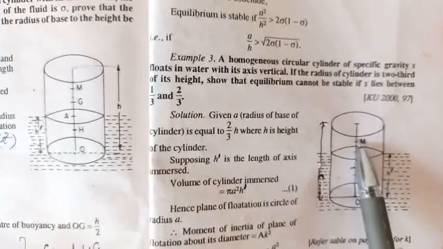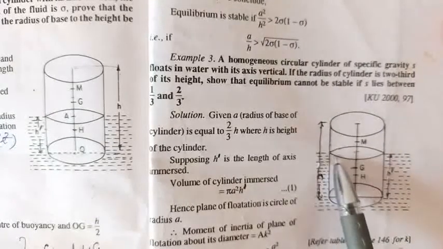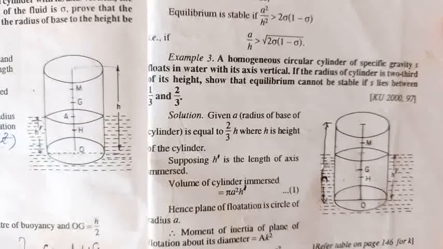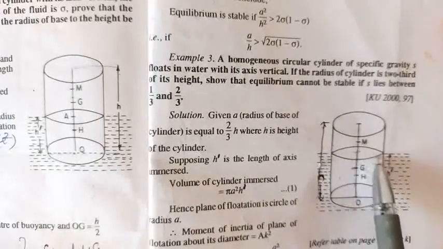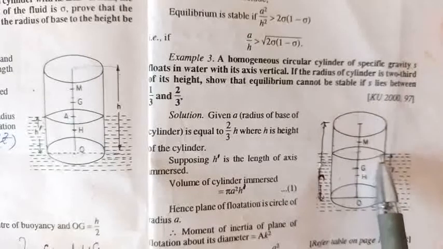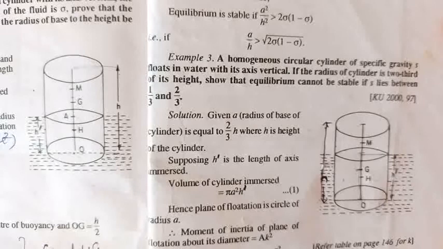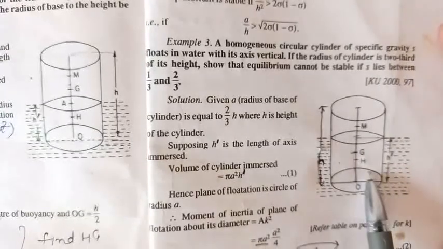To find HM, we will have to find the volume of this part and the moment of inertia of the plane of flotation. Here, the plane of flotation is this plane, which is a circle having radius, suppose, A. Now, volume of the immersed part of the cylinder.